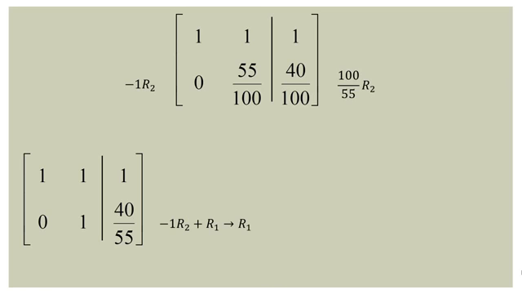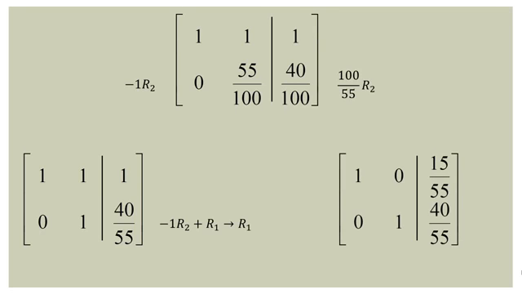Now I take -1 times 1, then add upward. -1 plus 1 is 0. So that's going to get us our 0 in the top right of the left-hand side of that matrix. Then -1 times 40 over 55, well, that's -40 over 55 plus 1. So -40 over 55 plus 1 is 15 over 55.